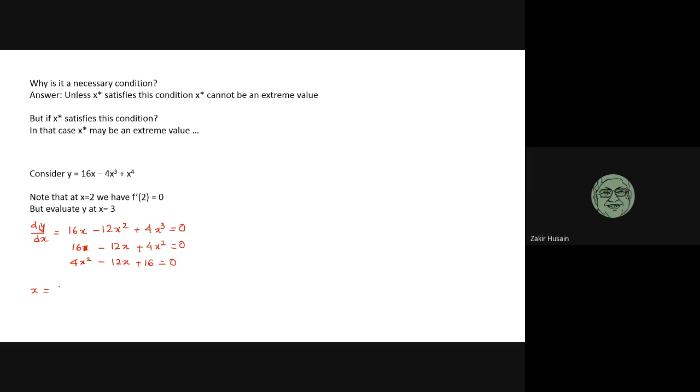Minus b, so 144 plus minus, sorry, this will be 12. This is 144 minus 4ac. So 4 4s are 16, 256. Sir, how is that being 16x? Yes, sir. In the first line, it will be 16. Sorry. So this cannot be solved this way.